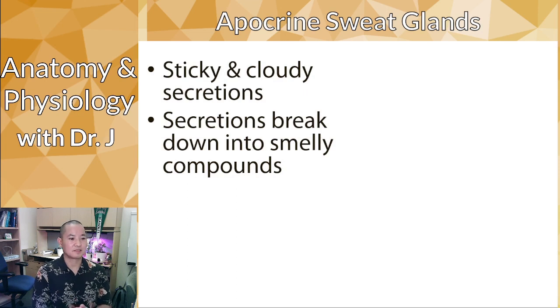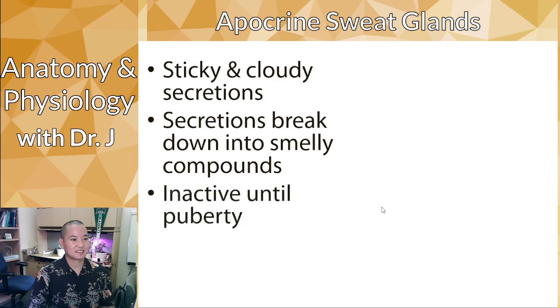So the secretions break down, and if you ever tasted cooking oil or butter or lipids that start to go rancid, you may think, this tastes a little old and kind of funky. Well, same with lipids. When they're broken down by bacteria, they can often form smelly compounds.